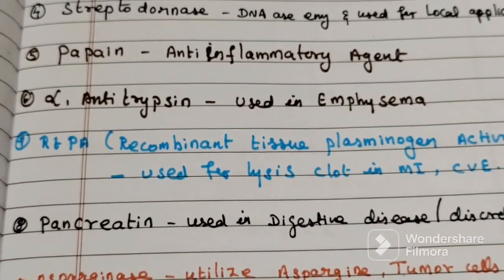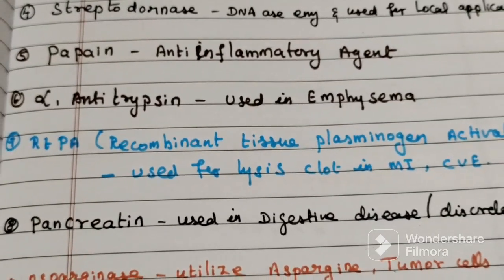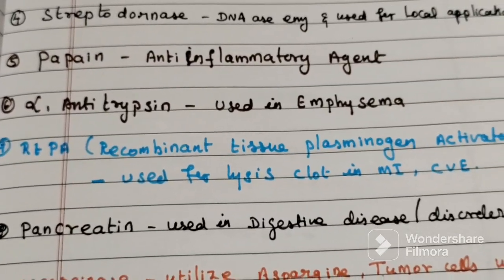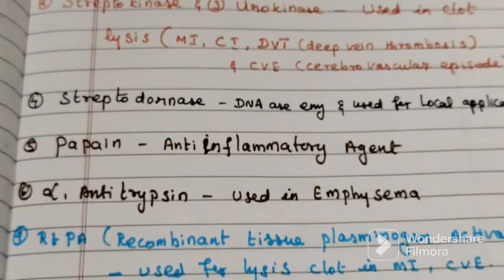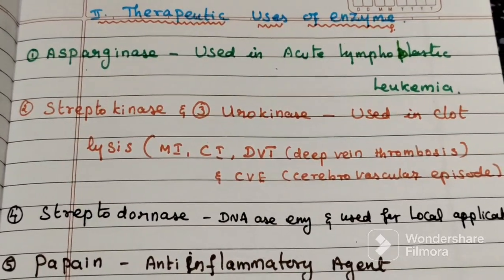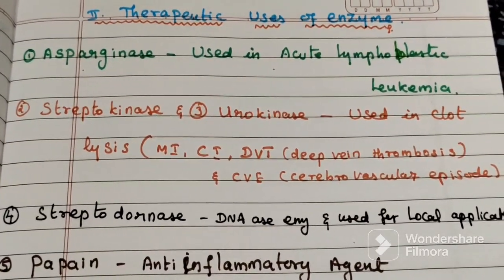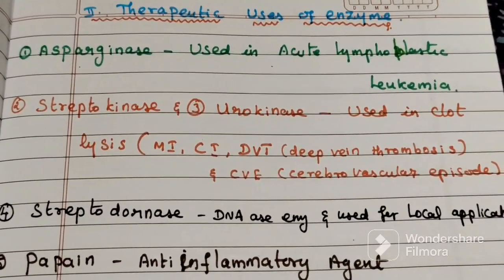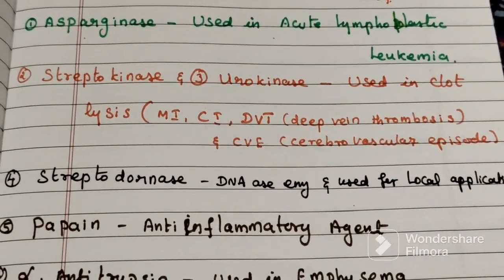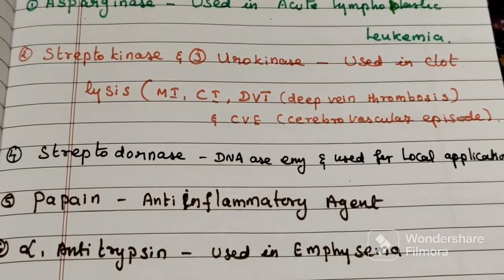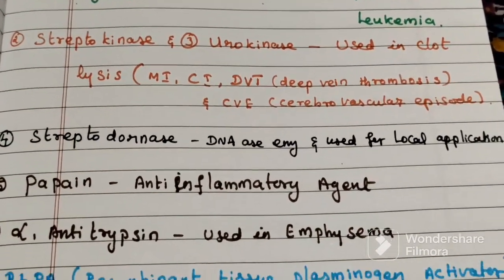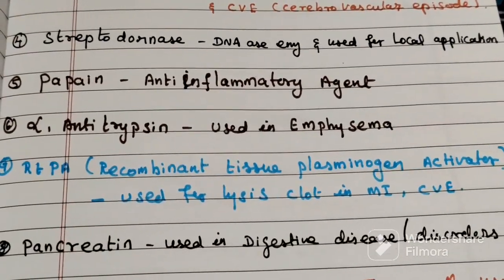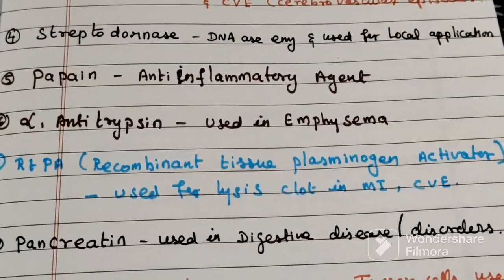Then the 8th one, pancreatin, used for digestive disorders. So therapeutic uses of enzymes, totally 8 enzymes: asparaginase, streptokinase, urokinase, streptodornase, papain, alpha 1 antitrypsin, RTPA, and pancreatin.